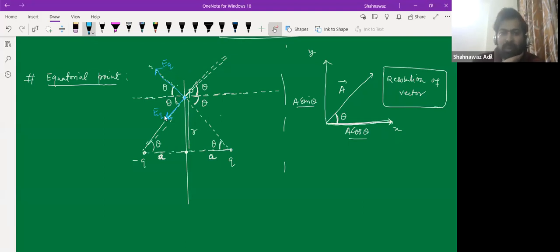Okay, so we'll talk about the magnitude later, but this is the angle theta, and this is the vector, and this is y-axis, right? This is y, this is x.